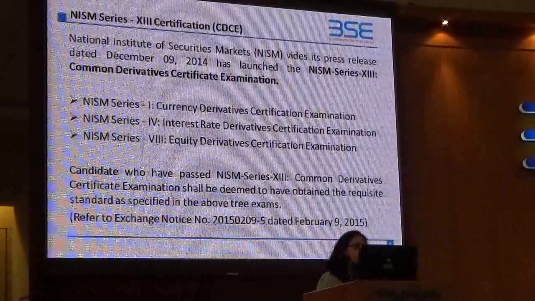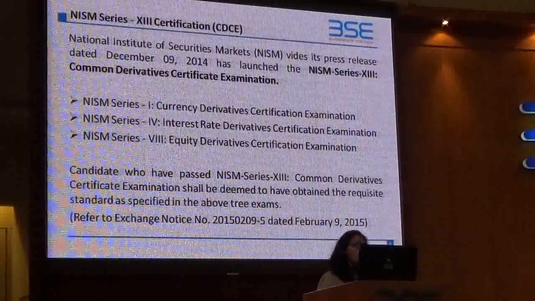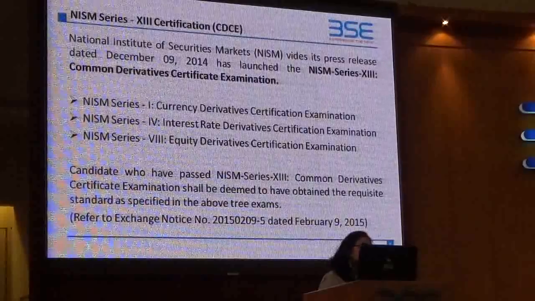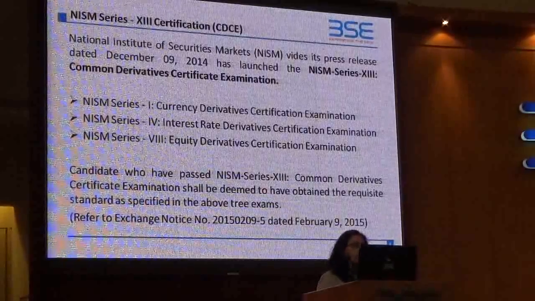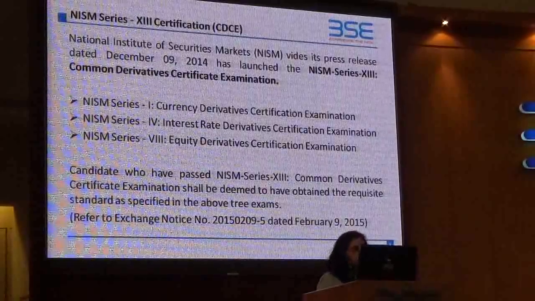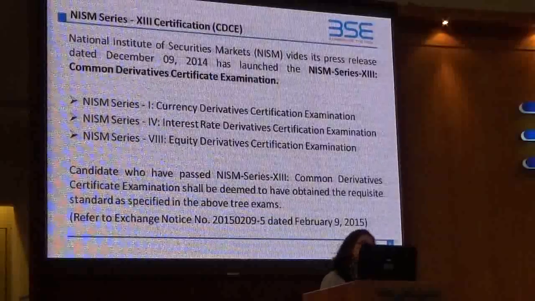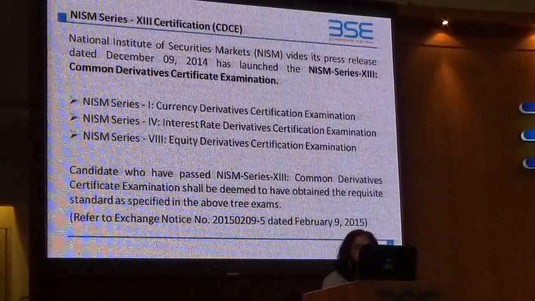Now SEBI has come out with a single certification, Series 13. Once your dealers pass this examination, they can deal in equity derivatives, IRF and currency derivatives. The single Series 13 certification will qualify for any derivative product.